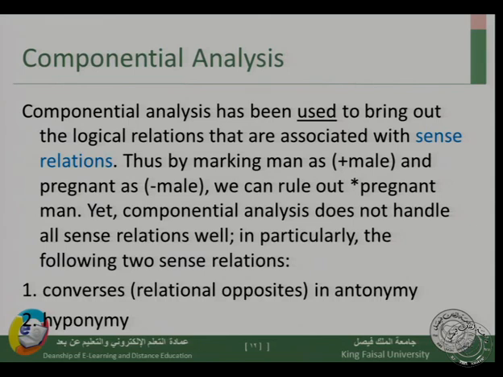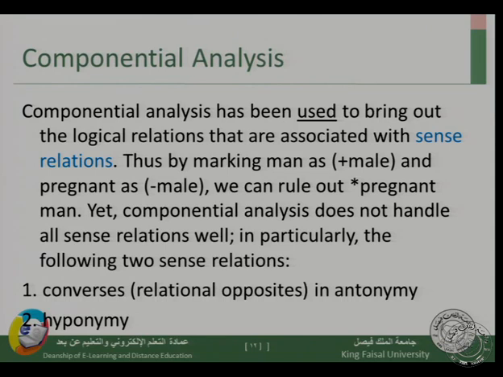We can't say pregnant man, but because woman is minus male, we can use it with pregnant. Pregnant is minus male, and woman is minus male as well, so we can say pregnant woman, but not pregnant man. So this is how we use it to show the logical relationships of a sense relation like antonymy, male and female, man and woman.